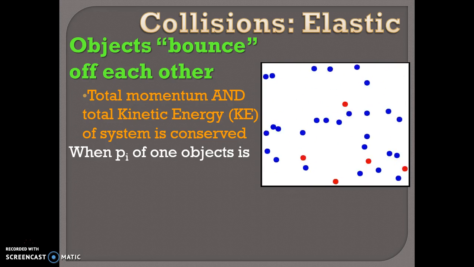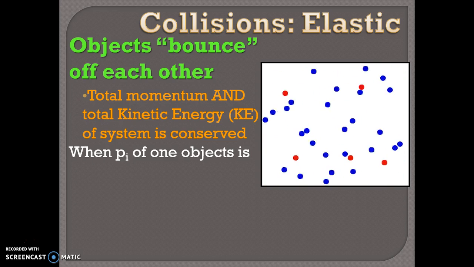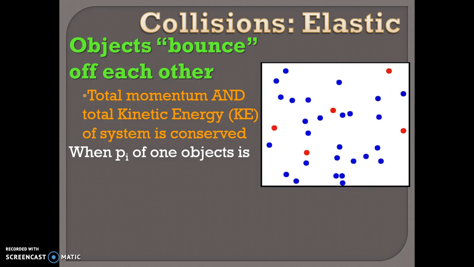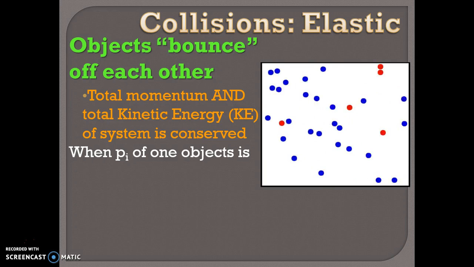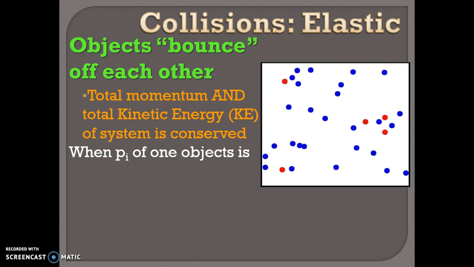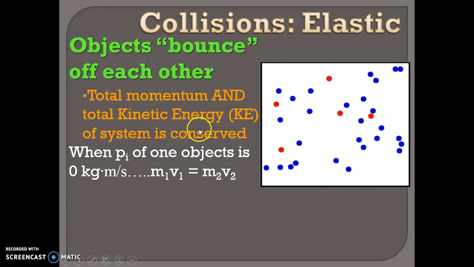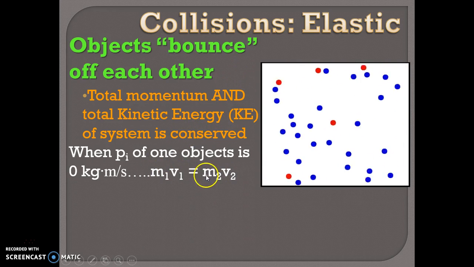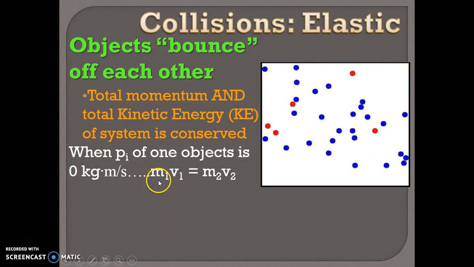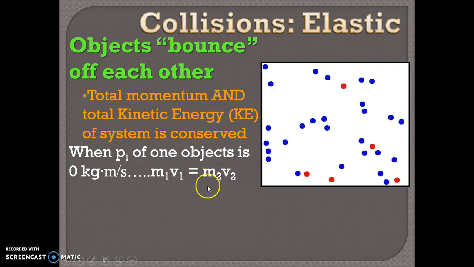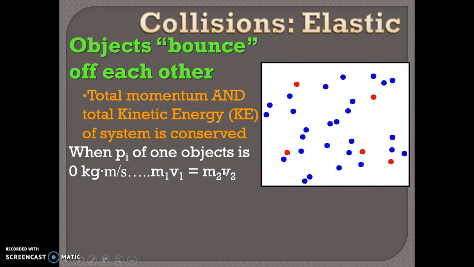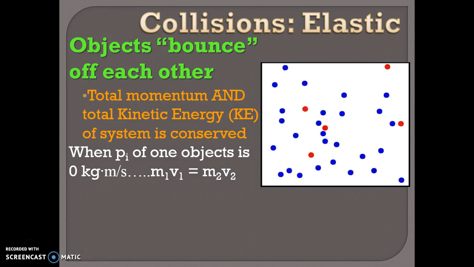You can fill in the next box for the equations. Now we separate into 2 equations that we can apply to elastic collisions. The first equation we use when the initial momentum of one object is 0, and you should fill in the box: momentum of object 1 is equal to momentum of object 2. Pretty basic equivalency there.